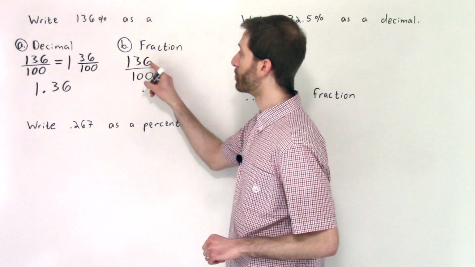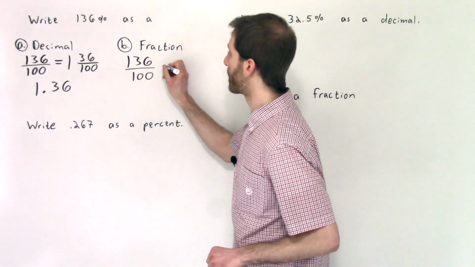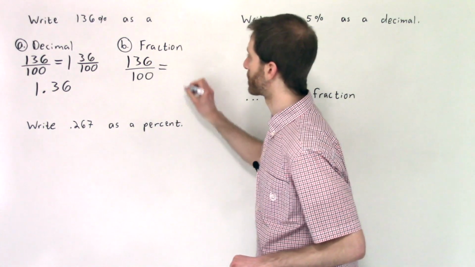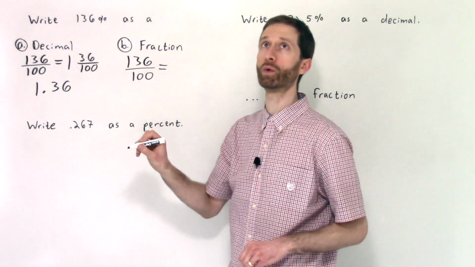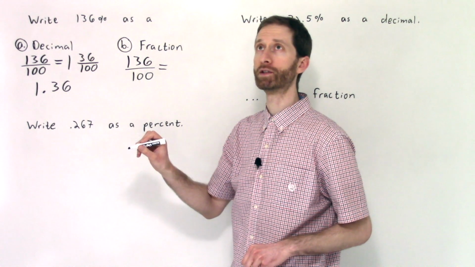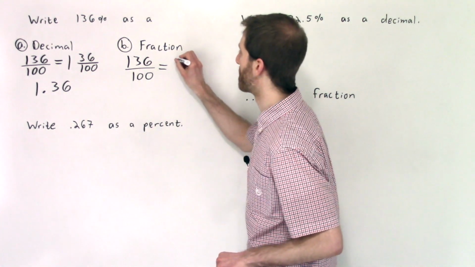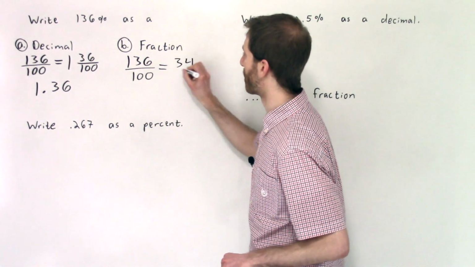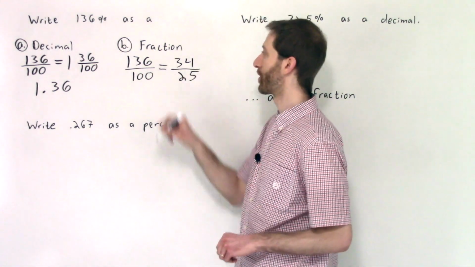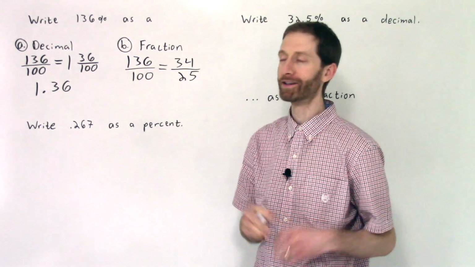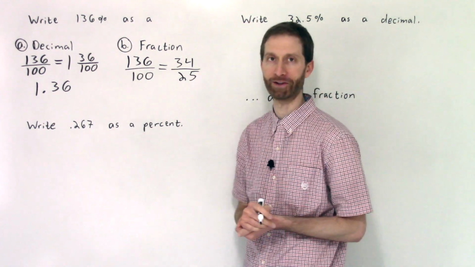Dividing by 4, it's going to be 34 over 25. A little bit of mental math, or you could use a calculator.